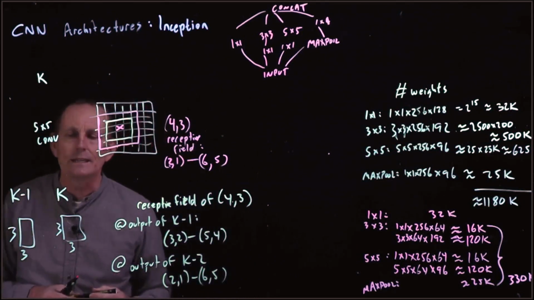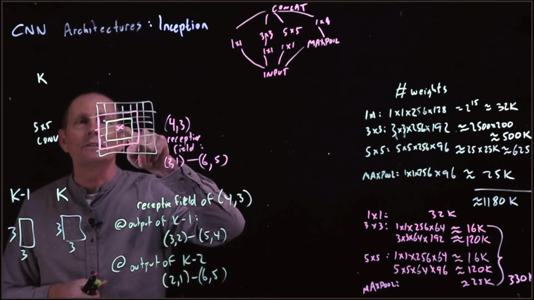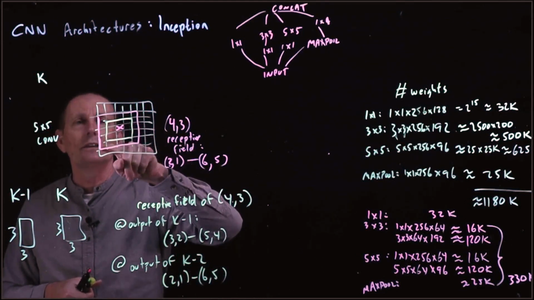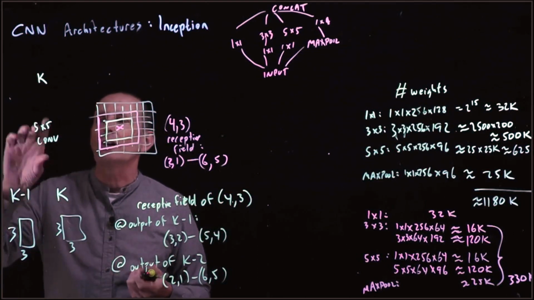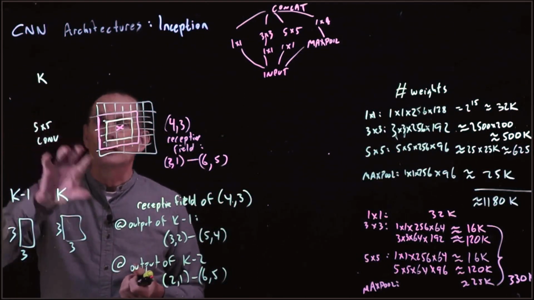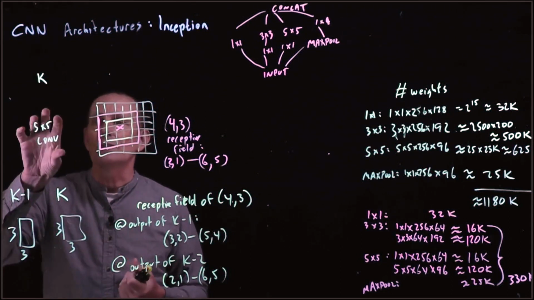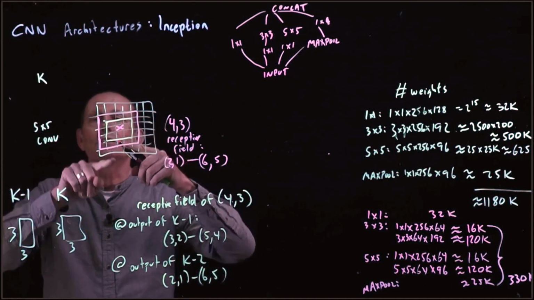So really what I'm saying is this value is dependent on the 25 values that are surrounding it in either the 5 by 5 case or two 3 by 3s. Now, we're losing some power in the two 3 by 3s, right? In the 5 by 5, we're going to just go ahead and take a convolution of all these 25 values.